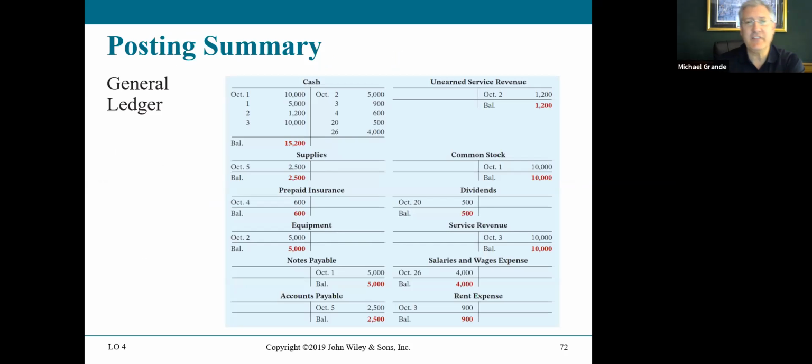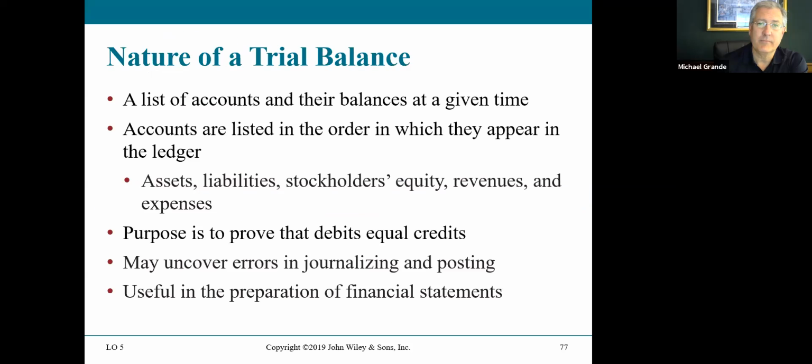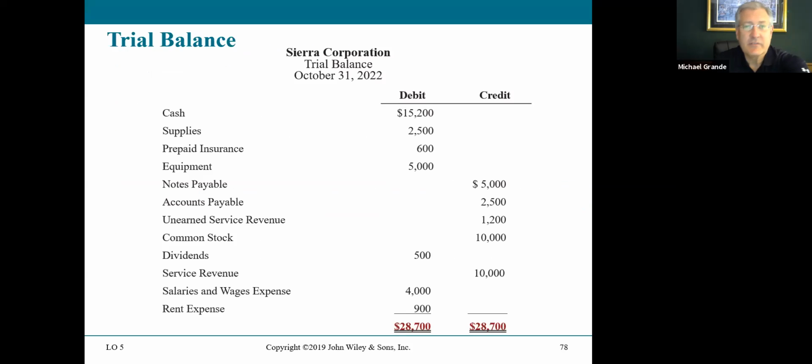Cash, $15,200 debit. Let's also look at supplies. Net debit, $2,500. See supplies, $2,500. So all they did is they took a net balance in each one of those T accounts and then transferred it to the trial balance.